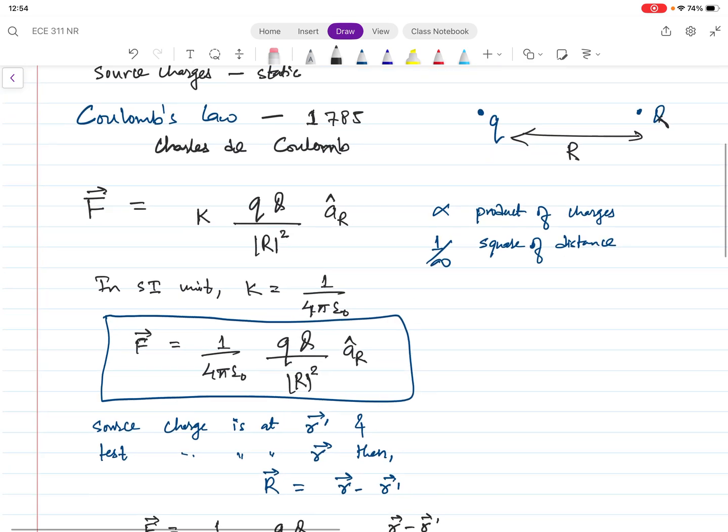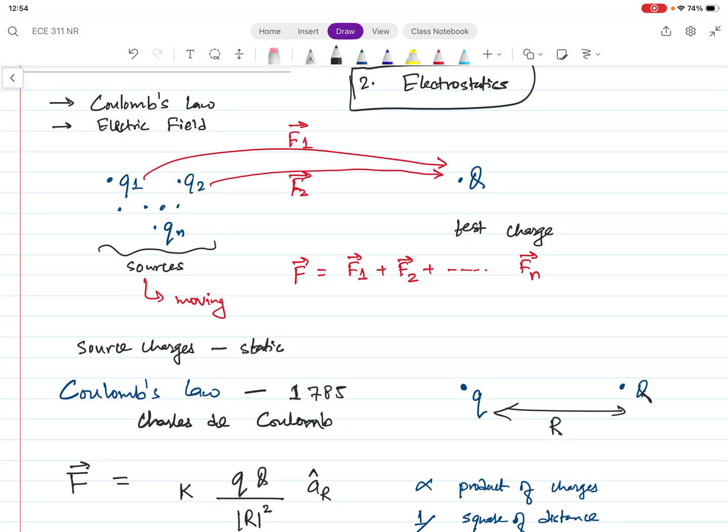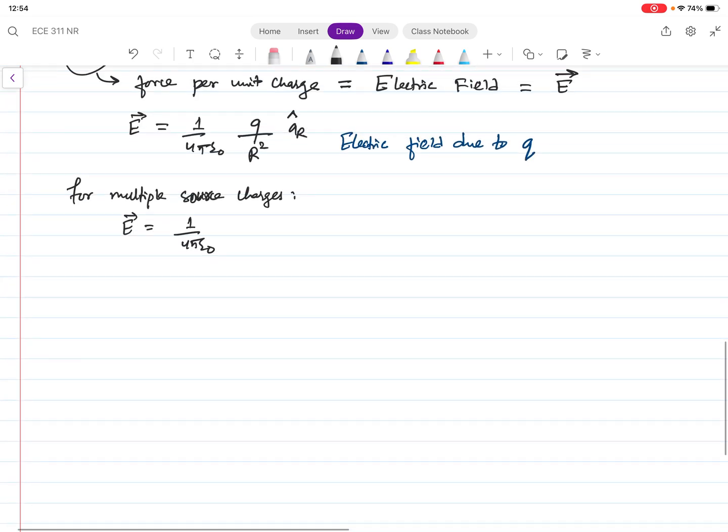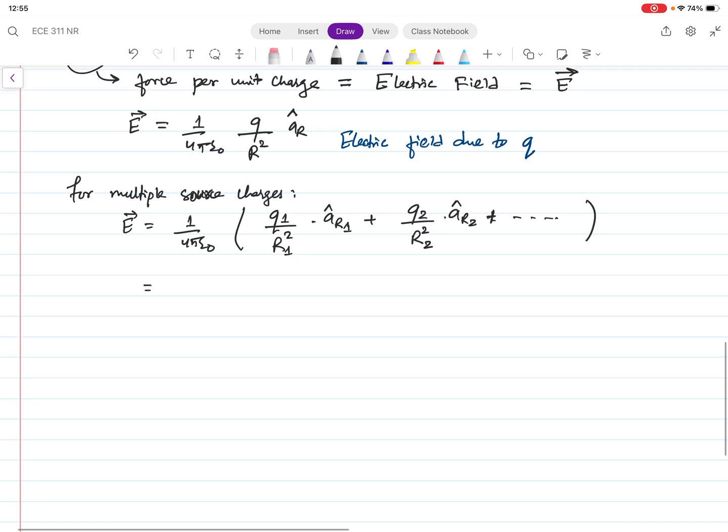So I'm considering something like this, where we have multiple source charges at stationary points. 1 by 4 pi epsilon 0, and due to q1, that is q1 divided by r1 square times unit vector ar1, plus q2 divided by r2 square times ar2, and so on.